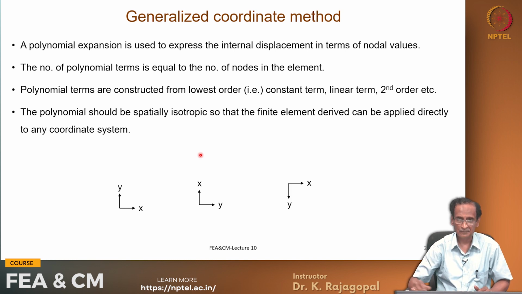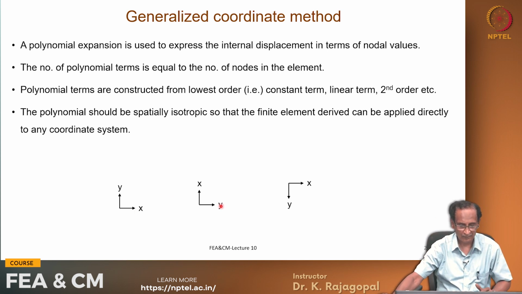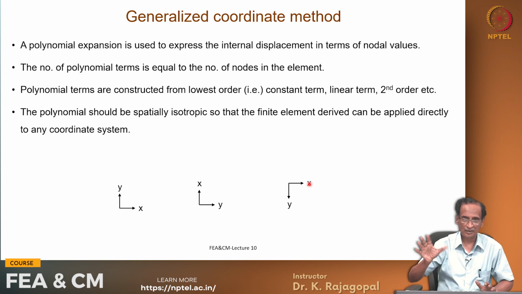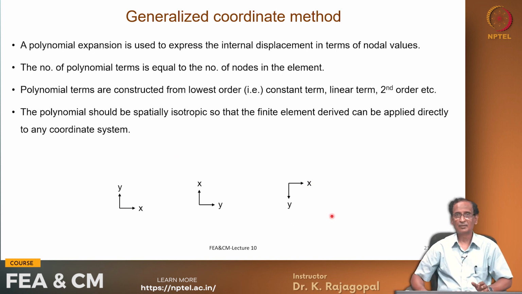Our coordinate system is also dependent on the user. Some users may prefer a coordinate system where x is along the horizontal axis and y is along the vertical axis, or you might even interchange. Somebody might want y to be horizontal and x to be vertical, or we might flip, so that y is positive downwards instead of positive upwards, and x is horizontal. Whatever the coordinate system that we have, our result should be the same.